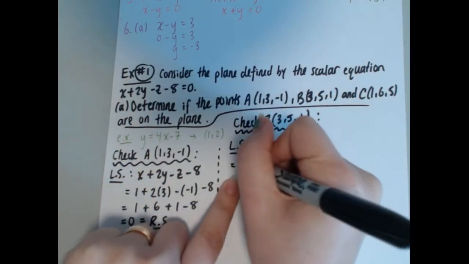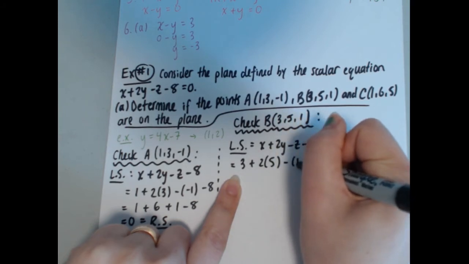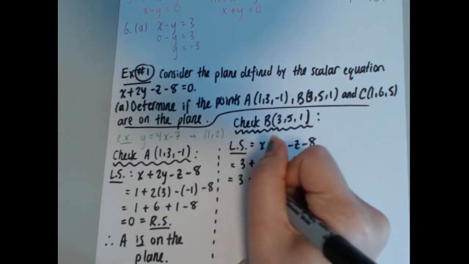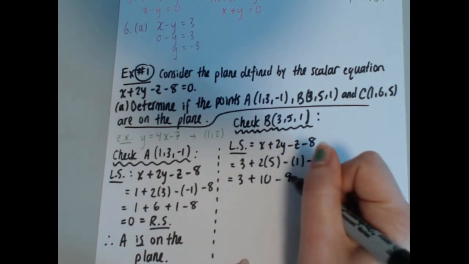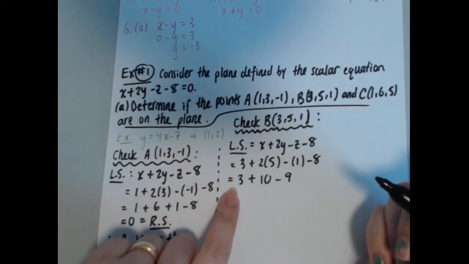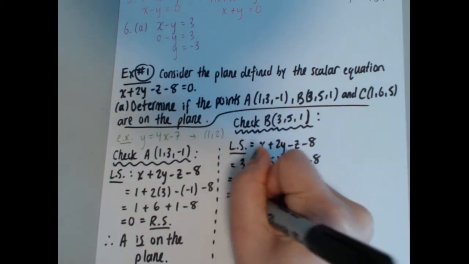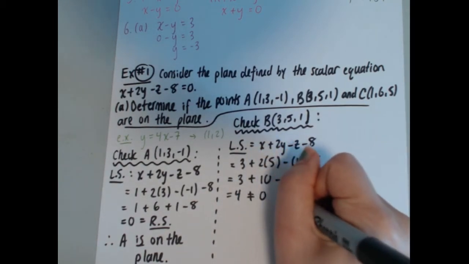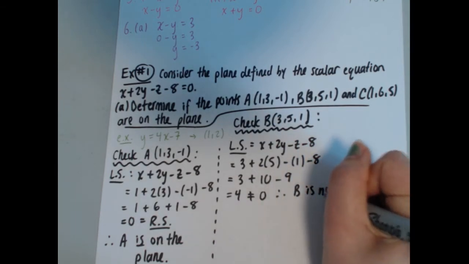So that's 3 plus 2 times 5 minus 1 minus 8. All right, so that's 3 plus 10 minus 1 minus 8, which is minus 9. 10 minus 9 is 1. 1 and 3 makes 4. Okay. So that's 4. That does not equal 0, which is the right side. Therefore, B is not on the plane.